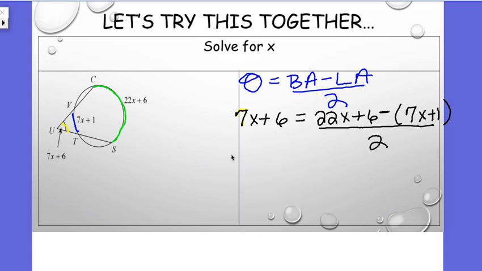So here I'm going to multiply both sides by 2. Multiply this by 2 and multiply this by 2 to get rid of the 2.